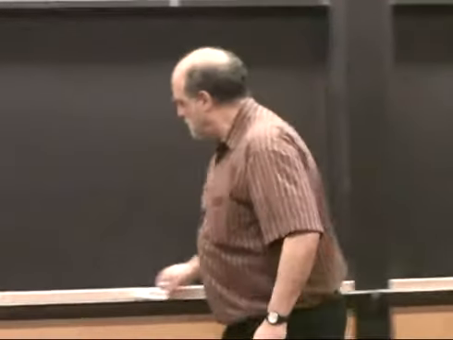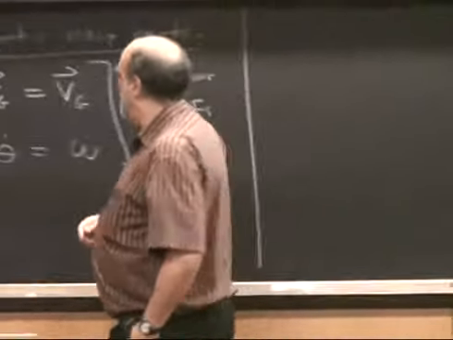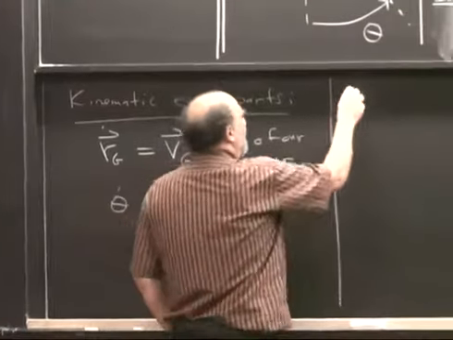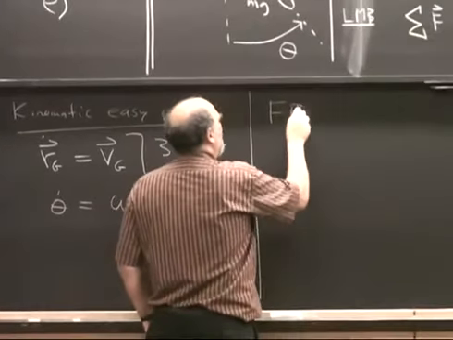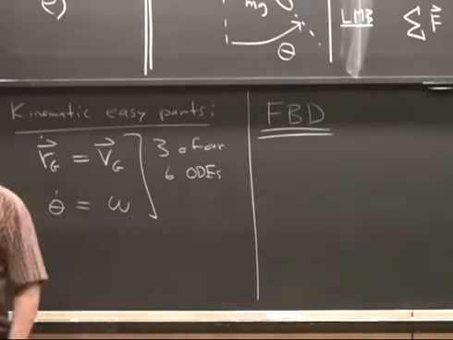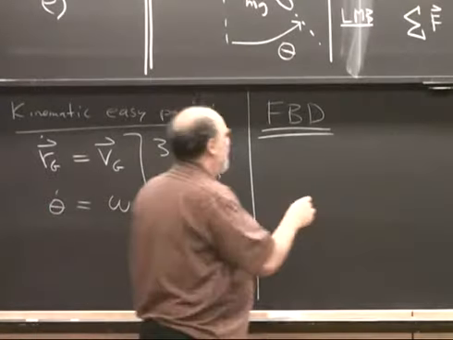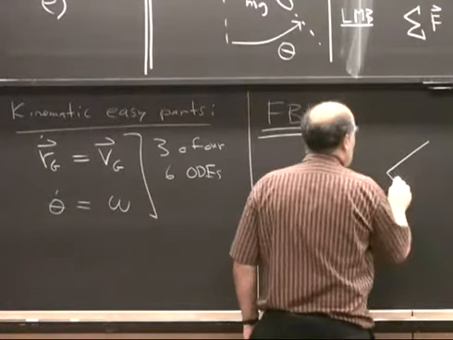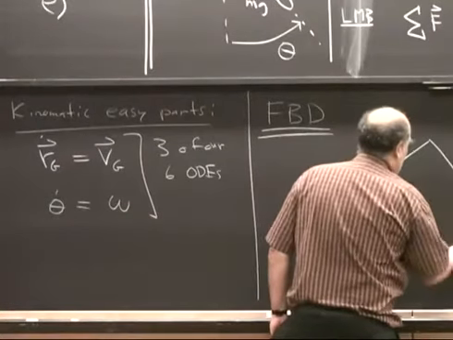And it's that we have to draw a free body diagram before we try to do any calculations using the laws of mechanics. So what does the free body diagram look like for this thing? We've got this block.